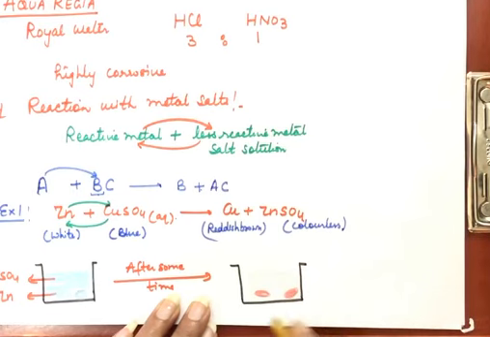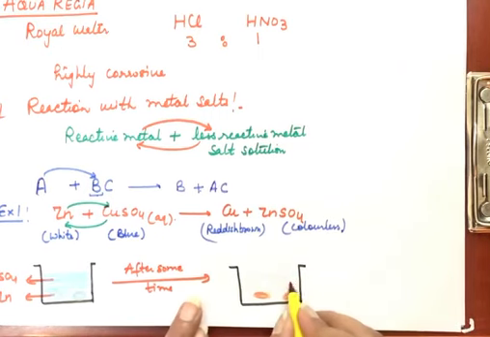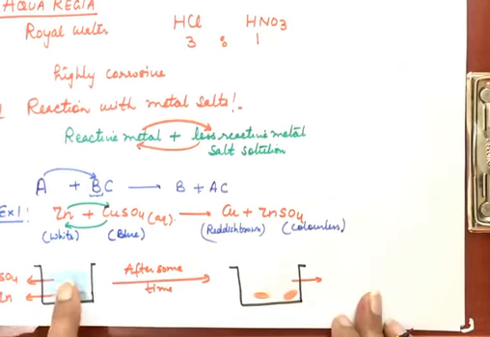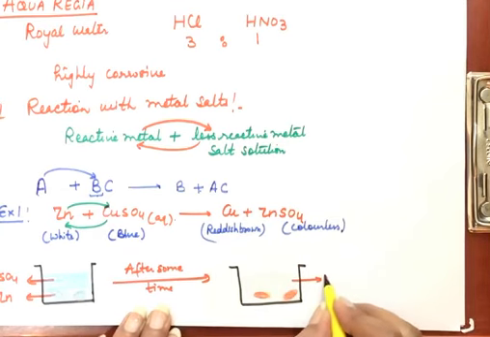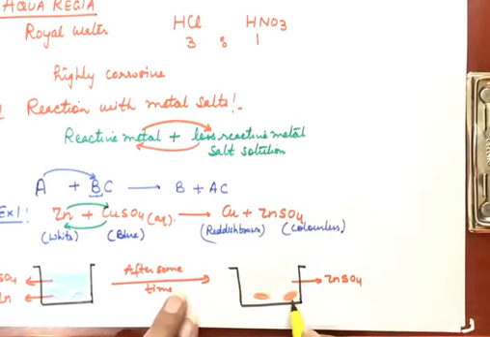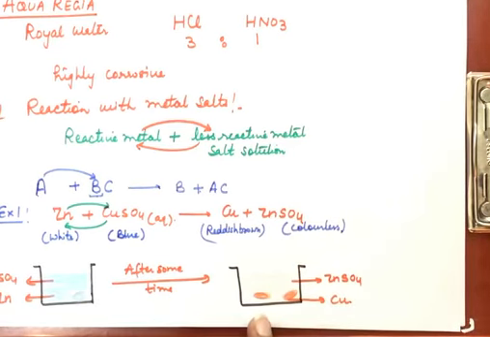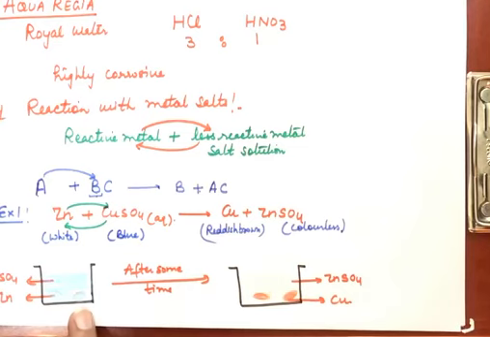When the color changes, that shows that a chemical reaction has taken place. As a result, the solution has changed from blue to colorless because it is now zinc sulfate, which is colorless. And the metal changes from silvery white zinc to reddish brown, and the reddish brown metal here is copper. These changes take place because displacement has taken place.